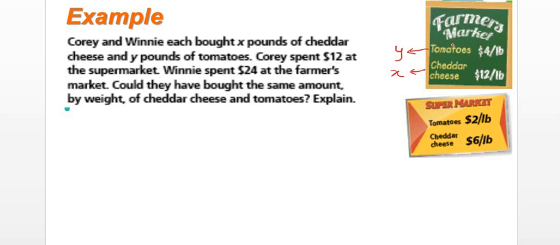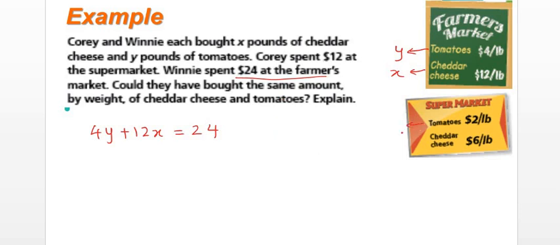So look at this. Here, if you talk about the farmer's market, Winnie spent $24 at the farmer's market. So how will you make the equation now? So you can make 4y plus 12x equals, how much is the amount that is spent at the farmer's market? It's 24. Right now, look at the second one.